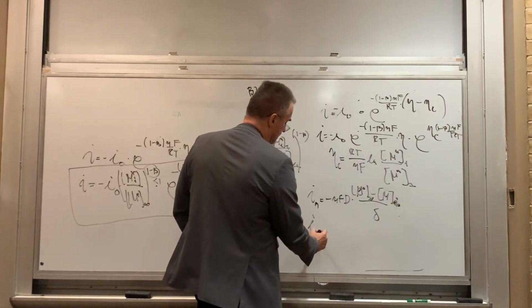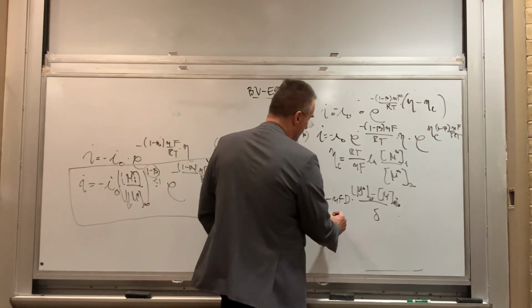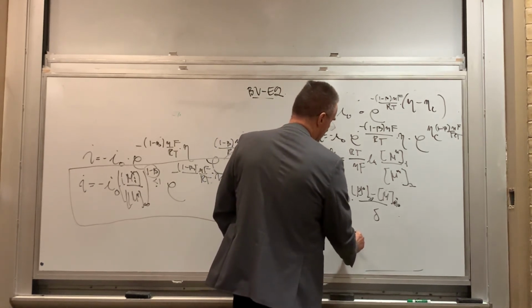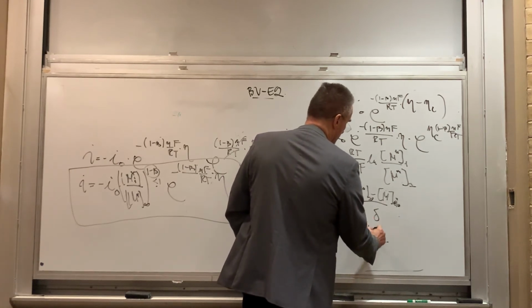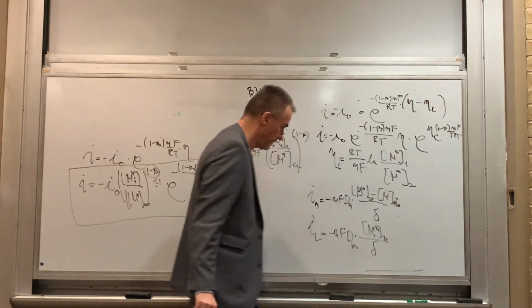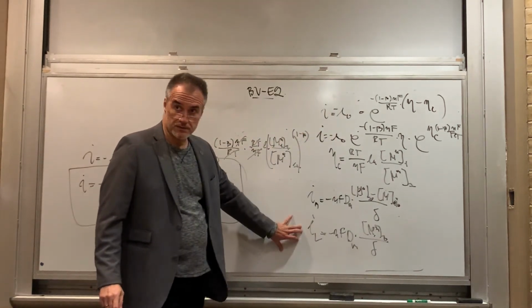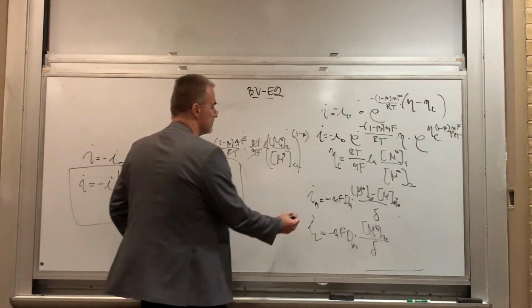But I also said that the limiting current density is equal to minus nFD times C_bulk over delta, okay? If you play with this, that's trivial math, I just don't have enough space to do that.